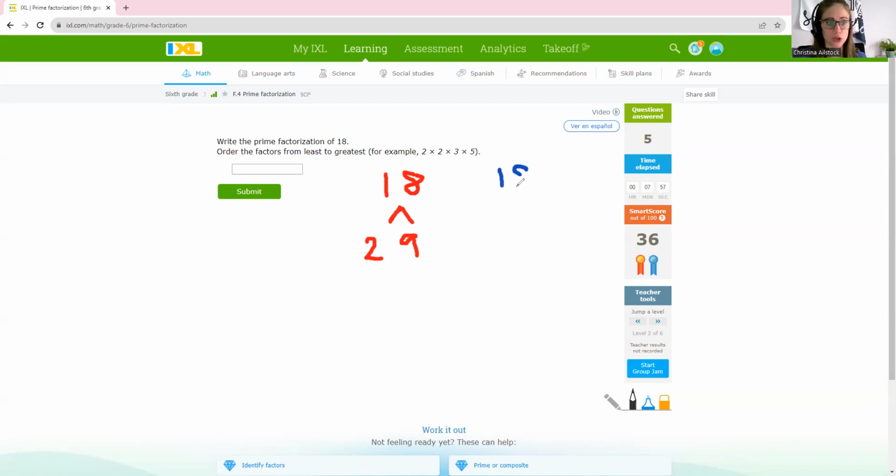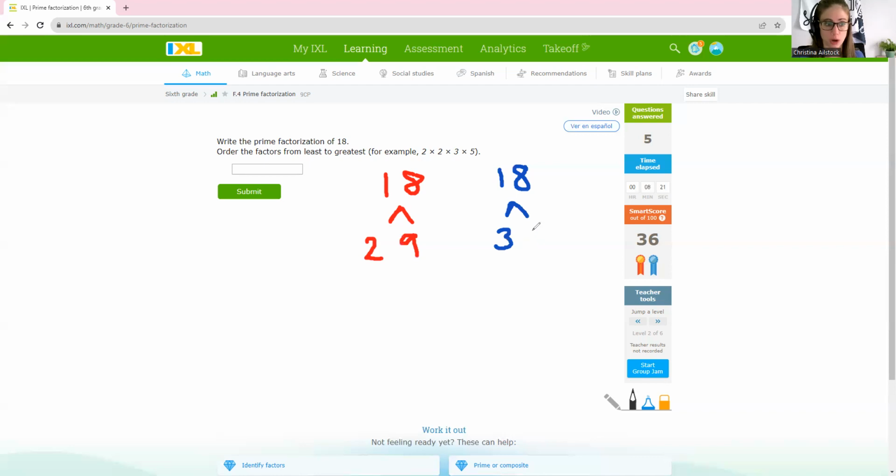Or if you didn't know that, say 2 didn't work, or you didn't think of 2 times 9 is 18, go to the next number, 3. You can either look at it backwards and say, okay, 18 divided by 3, does that work? Do I get an answer? Or you can think of it as 3 times what is 18? Well, 3 times 6 is 18.